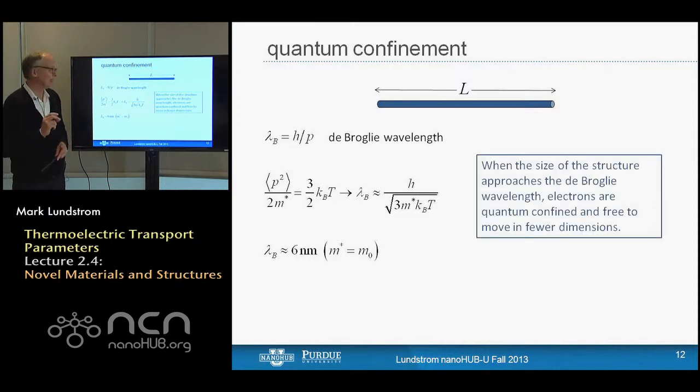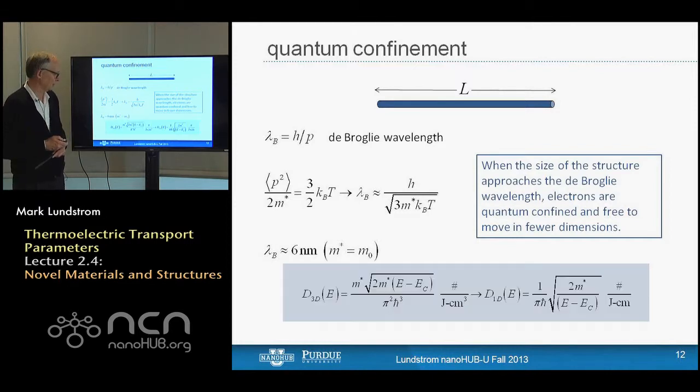So when the size of the structure approaches the de Broglie wavelength, the electrons become quantum confined and their properties are altered. The biggest change for us is that the density of states, which goes as the square root of energy in 3D, goes as 1 over the square root of energy in 1D if we have a parabolic band. So that's quite a dramatic change.